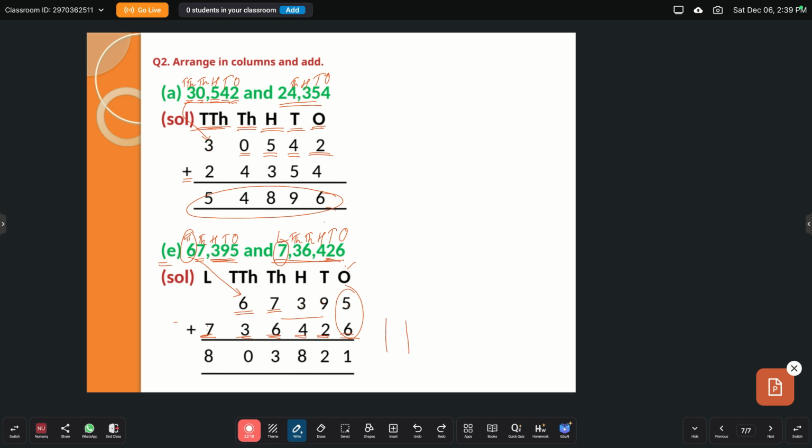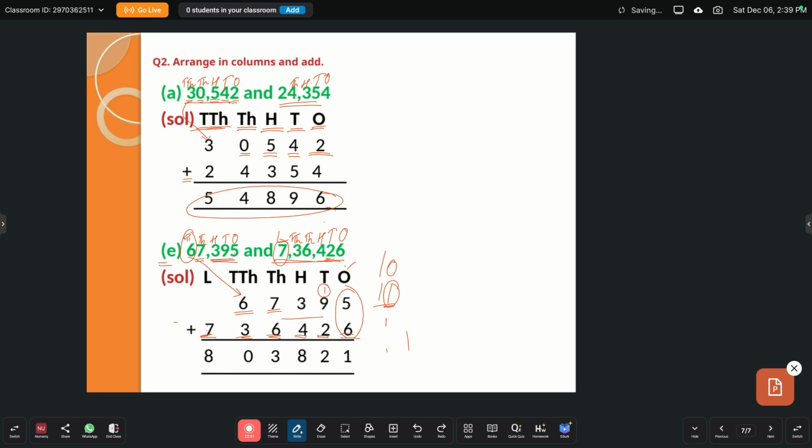I told you that whenever the sum exceeds 9, whether it is 10 or 11 or anything else, you cannot write that 11 here. You have to just write down the digit that is present at ones place. What is present at ones place? It's 1. So I will write 1 here. 1 will be carried over to the next column, and that's tens column.